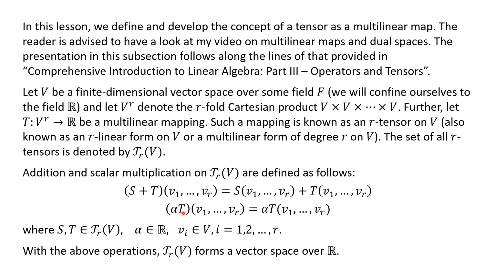Then the scalar times T is just apply T to the vector and then multiply by the scalar. So these are definitions. And with these definitions, the set of all tensors over this Cartesian product are a vector space. So it's actually a dual space of this vector space here, this Cartesian product.